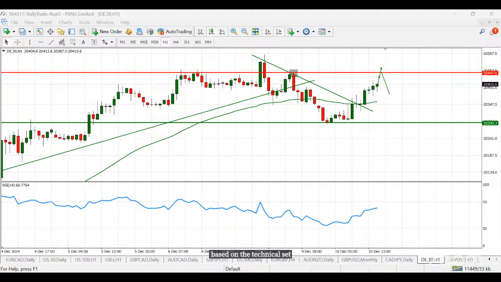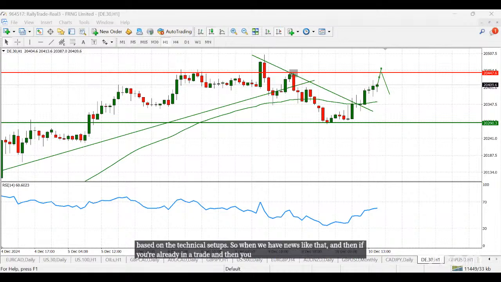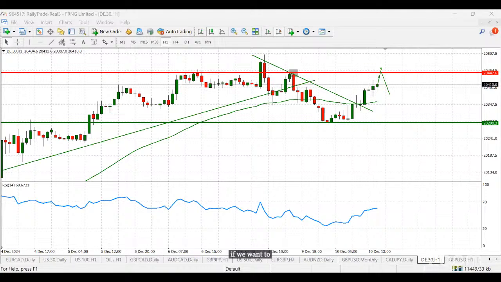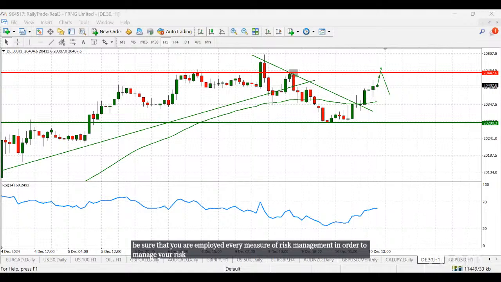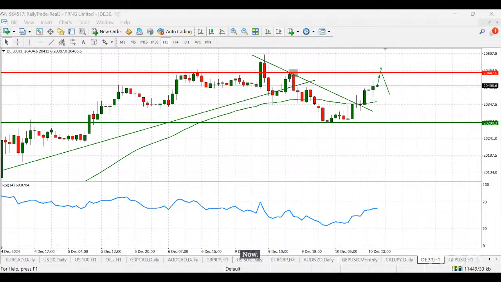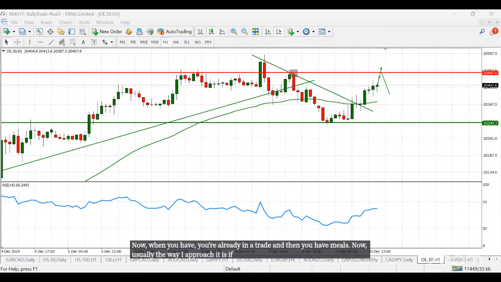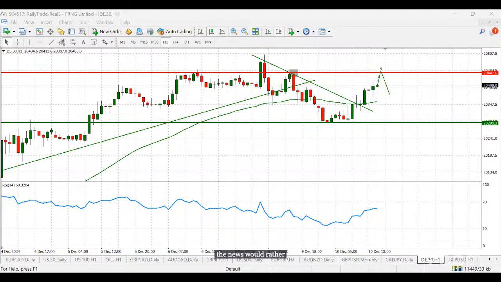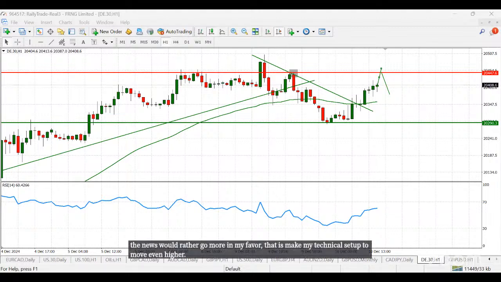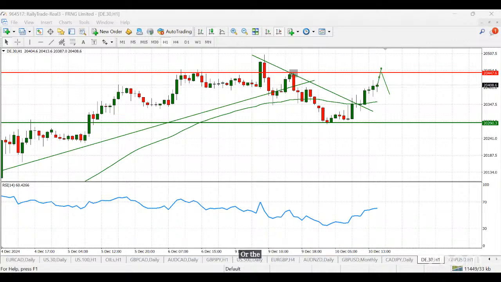If you're already in a trade and then you have news, you will want to be sure you have employed every measure of risk management for that particular news. Usually, the news will either go in my favor, pushing my technical setup even higher and returning great profits, or it may be against it.